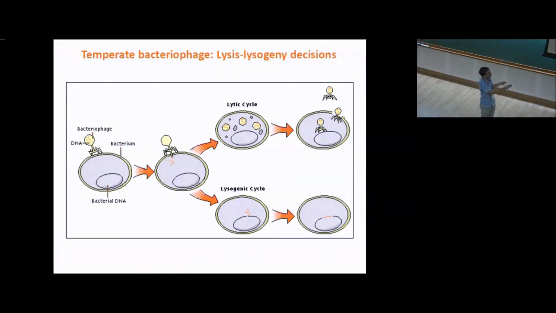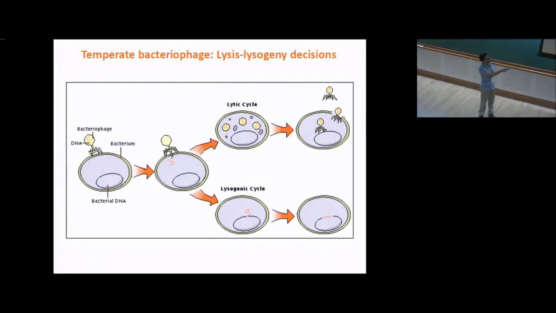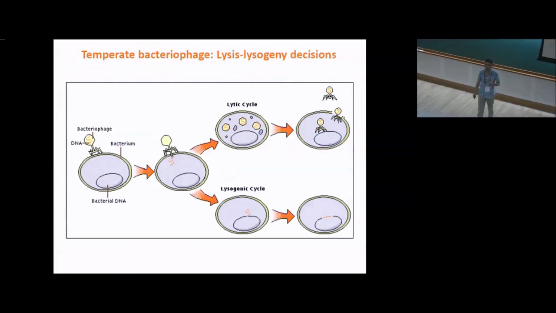These things can affect whether this decision goes this way or that way, depending on how early that happens. But there are also very deterministic aspects to it in the sense that various kinds of signals can bias whether you go that way or this way. It can bias the probability, even if it is a stochastic process. So we know, for instance, that under certain conditions where there are lots and lots of viruses and very few bacteria, then you tend to go into the dormant pathway more often.